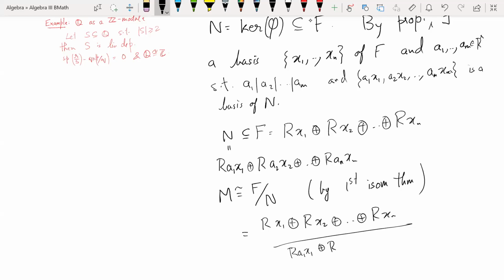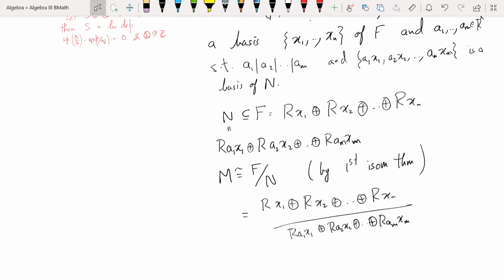The first submodule in the denominator is contained in the first factor, the second in the second factor, and so on, up to m, sorry, not up to n. So there is an m here: R am xm. N has only m factors, so it may not be the whole of xn.